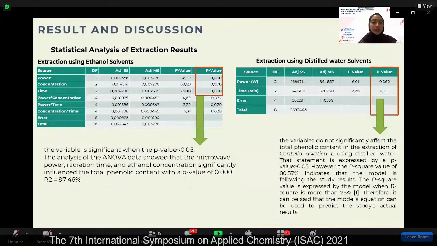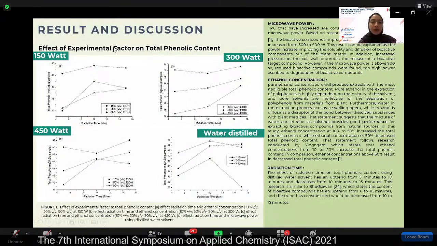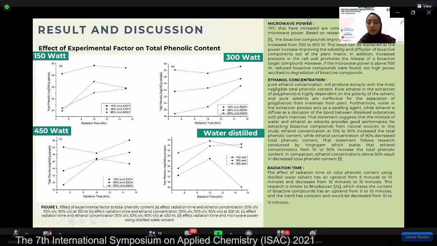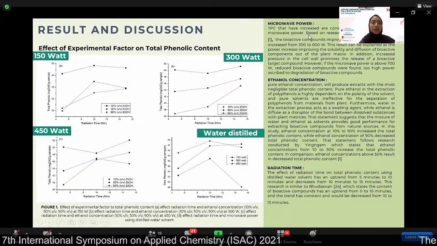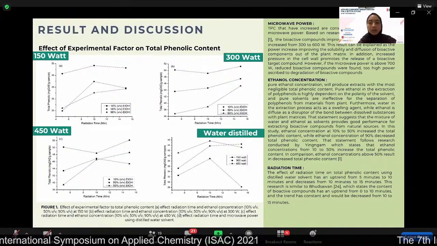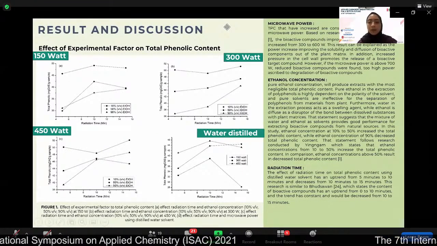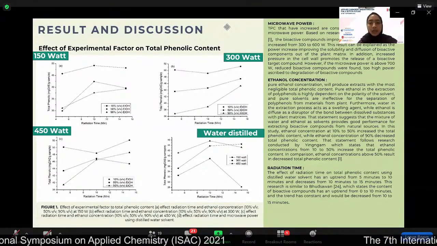Then this is the effect of experimental factors on total phenolic content. The first is microwave power. Total phenolic content increased with the microwave power, so the bioactive compound improved as the microwave power increased from 300 to 600.